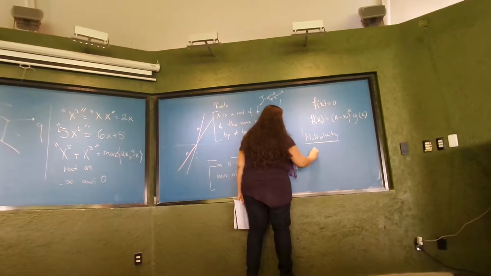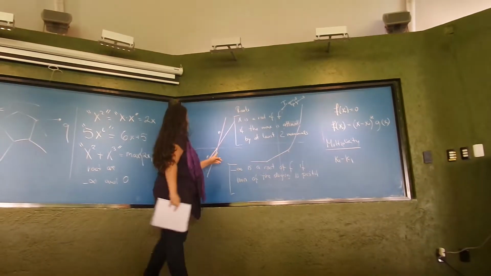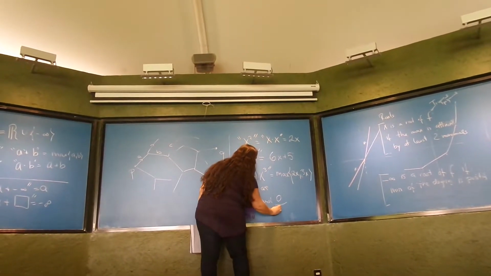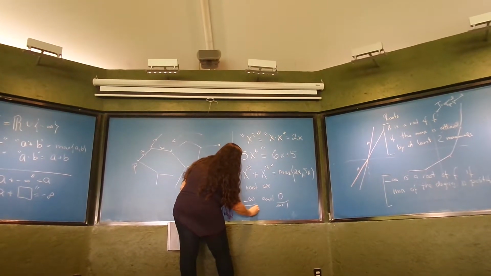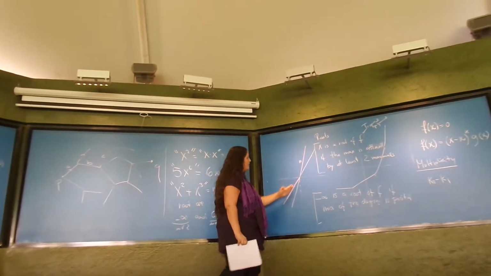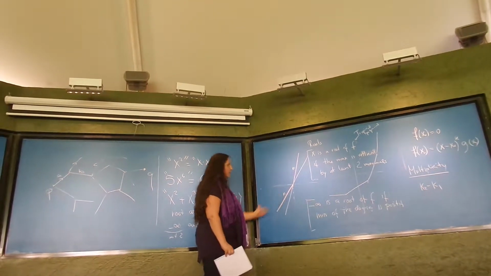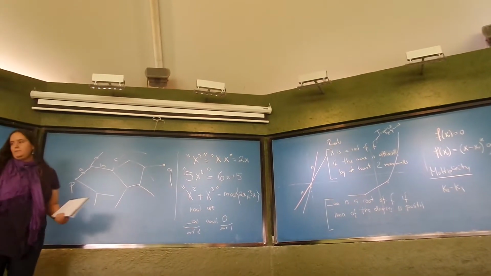Then k2 minus k1 will be the multiplicity of this root. Then in this example, we have 0 of multiplicity 2, and another root of multiplicity 1, and minus infinity of multiplicity 2, where the multiplicity of minus infinity will be the slope of the graph when we tend to minus infinity. Okay?